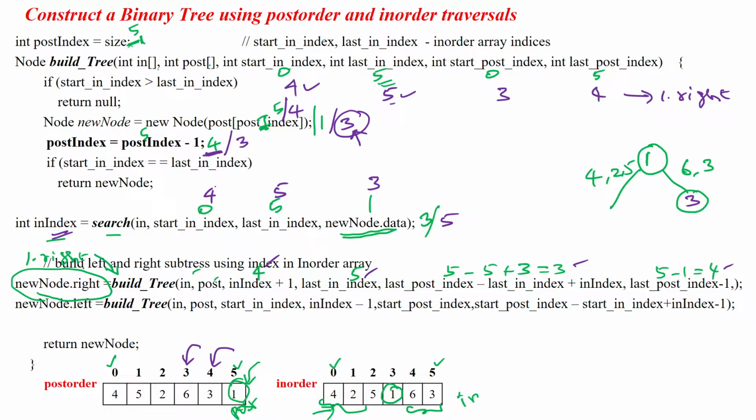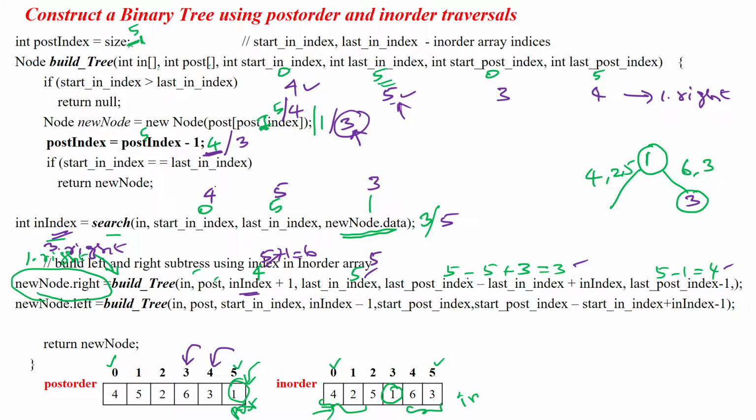Now again, new node is 3. For 3 dot right we have to call this function. In index is here 5 plus 1, 6. Then here last index, we passed 5.